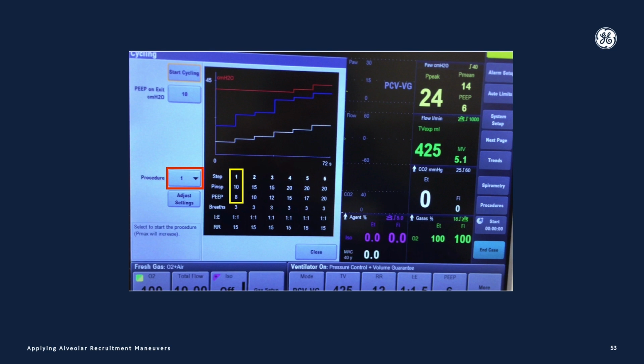This recruitment maneuver is set at a respiratory rate of 15 and will deliver 3 breaths in the first step at an inspiratory pressure of 10 and a PEEP of 8.